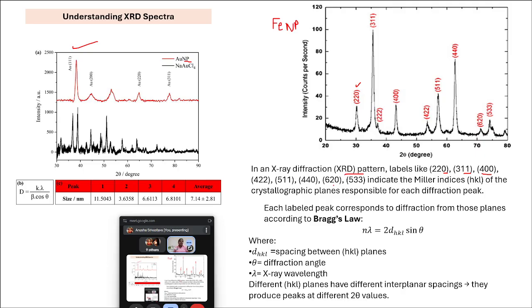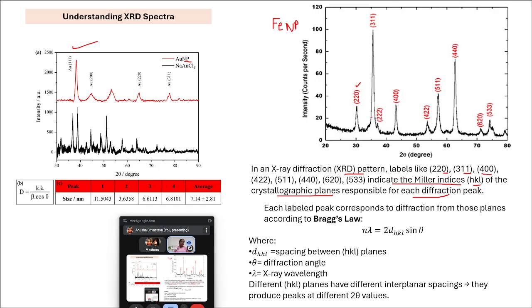These indicate the Miller indices HKL of the crystallographic planes responsible for each diffraction peak. So always remember these peaks represent the Miller indices. Each labeled peak corresponds to diffraction from those planes.